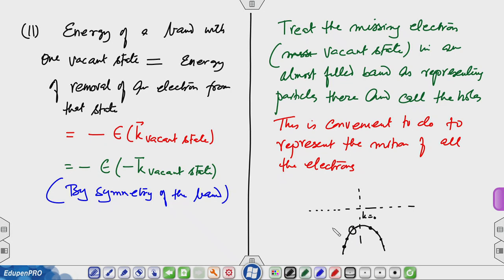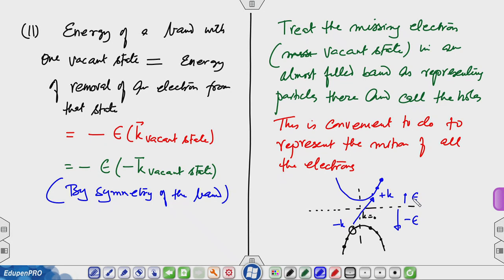I am writing this as the holes and thinking of them as real particles, and this vacant state is represented by, this was minus k, this is plus k, and this was minus E, this is plus E. So, I am thinking of this missing state as a particle which I will call hole with k value as minus of that missing electron and energy positive E. And so far what you have seen is absolutely equivalent to describing those n minus 1 electrons, because they are in the band and therefore satisfy certain symmetries.